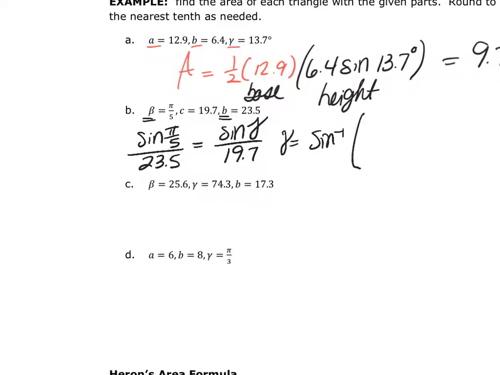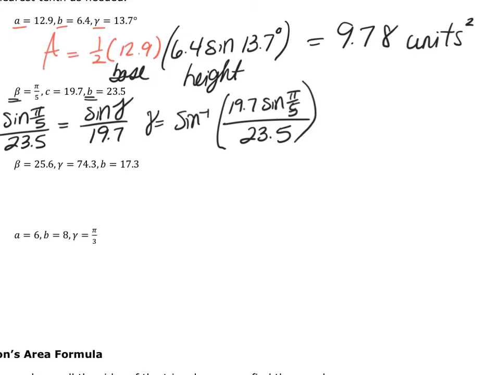It is going to be the sine inverse of 19.7 times the sine of pi over 5, divided by 23.5, and that's going to give me gamma. Somebody with a calculator, what do you all get for gamma? 20.5?